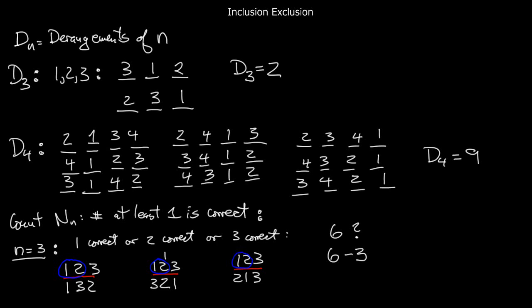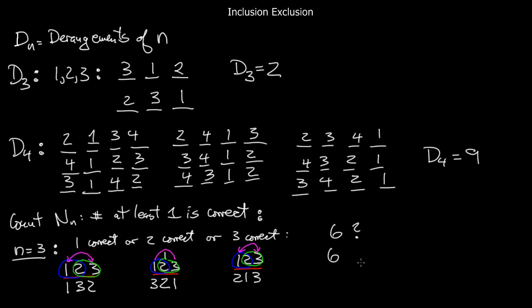Or I could have 2 and 3 be correct. That happens here, here, and here. Or I could have 1 and 3 being correct. And that happens here, in the same place again.